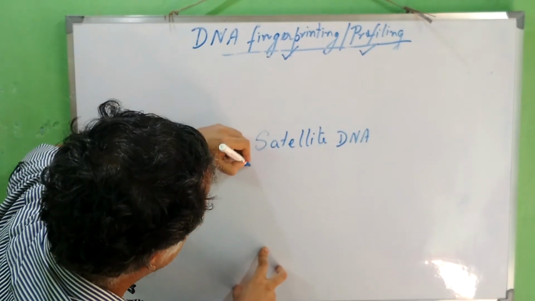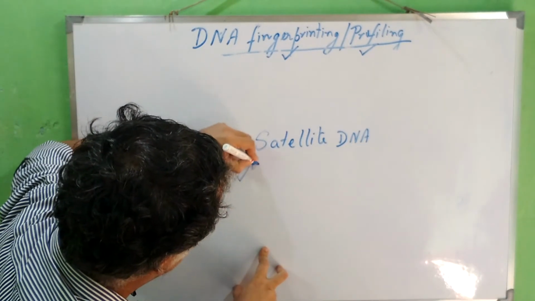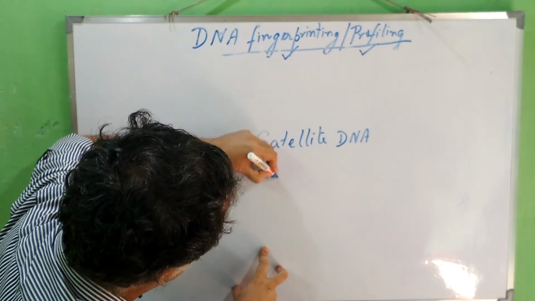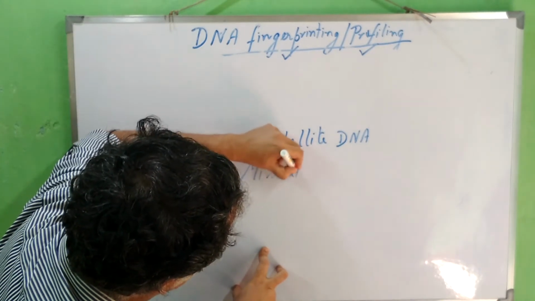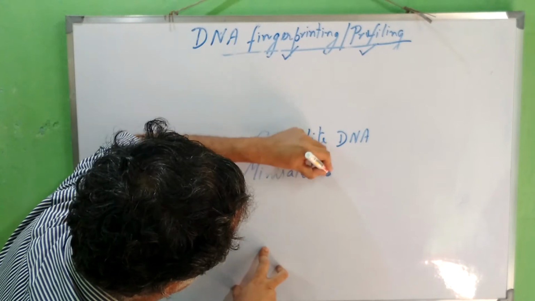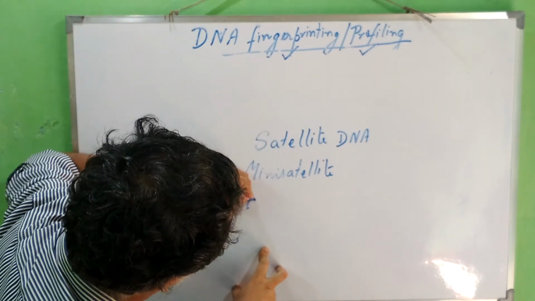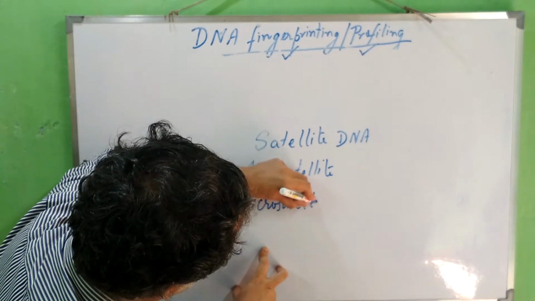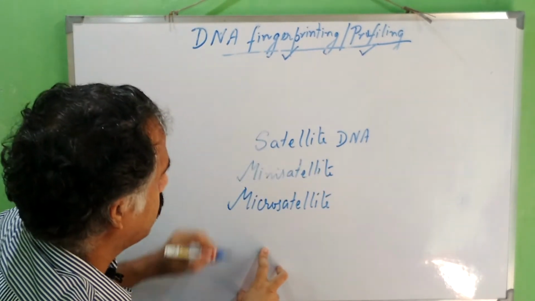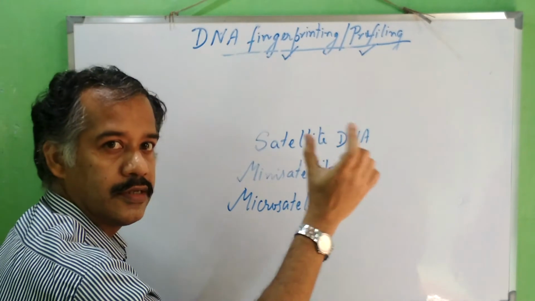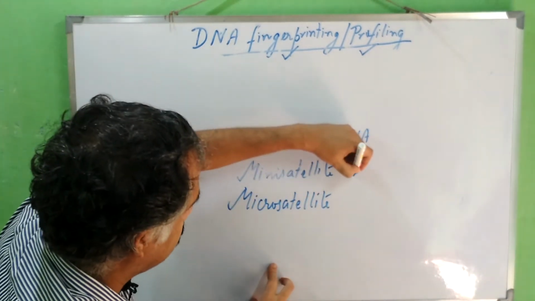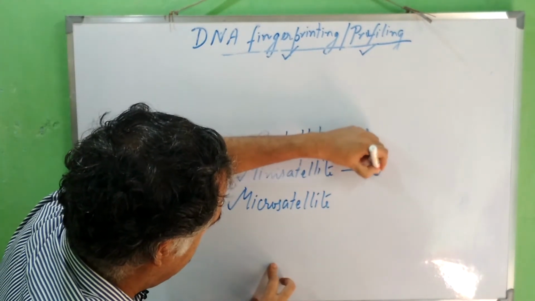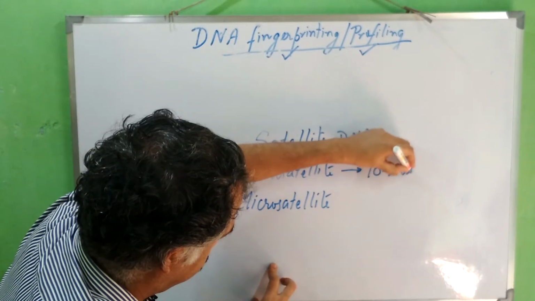We are interested in the smaller versions, that are the mini satellites and the microsatellites. That's what we are interested in. The mini satellites, this repeat unit is somewhere between 10 and 100 base pairs.